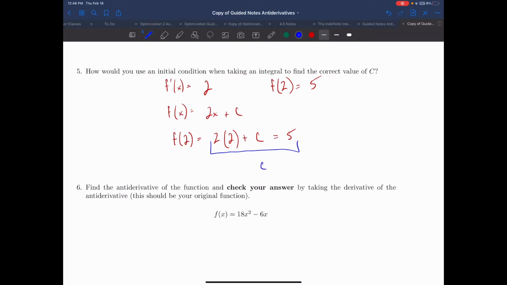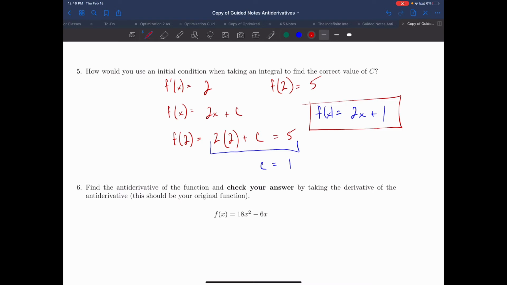So c equals 5 minus 4, or 1. So the specific antiderivative that we have would be f of x equals 2x plus 1. So that's how you would take an initial condition to find the correct value of c. And we'll do more examples of that.